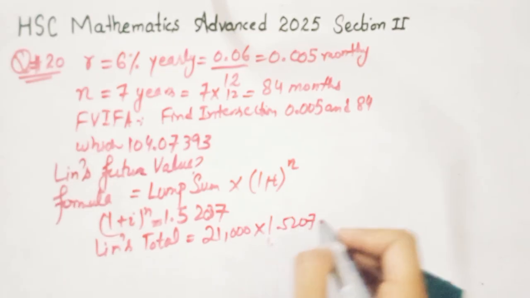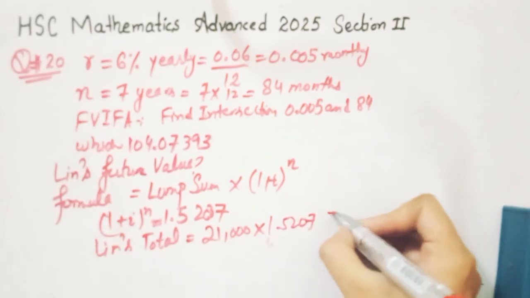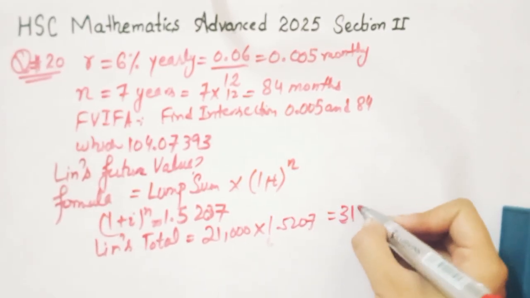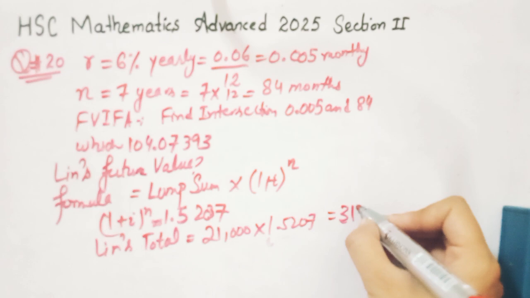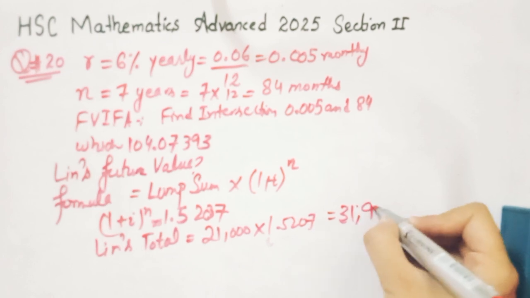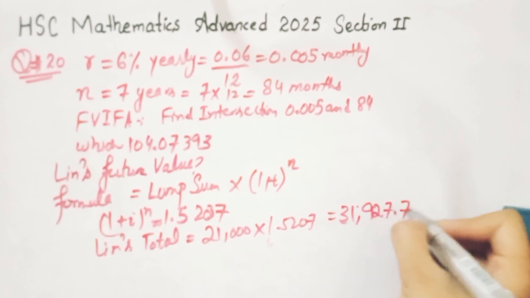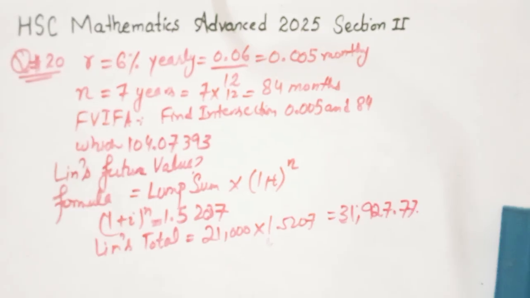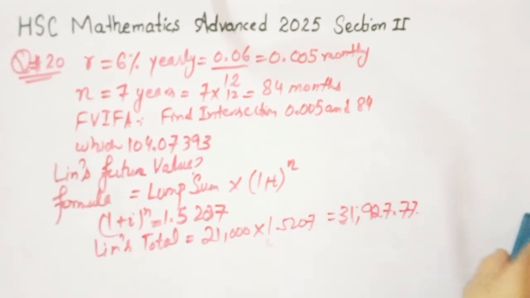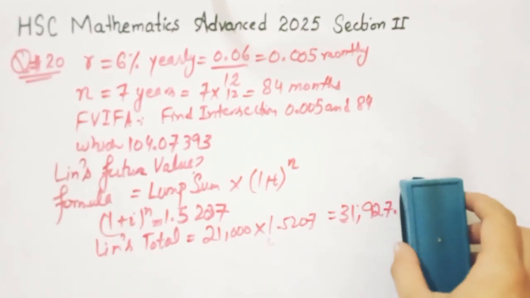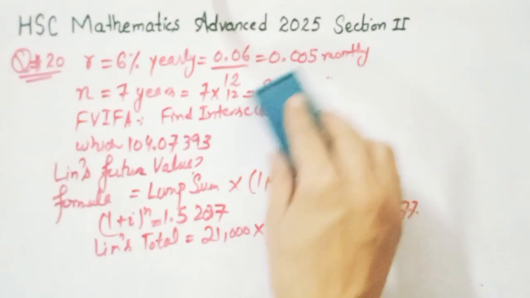When you multiply both of them, you get the answer, that is 31,927.77.